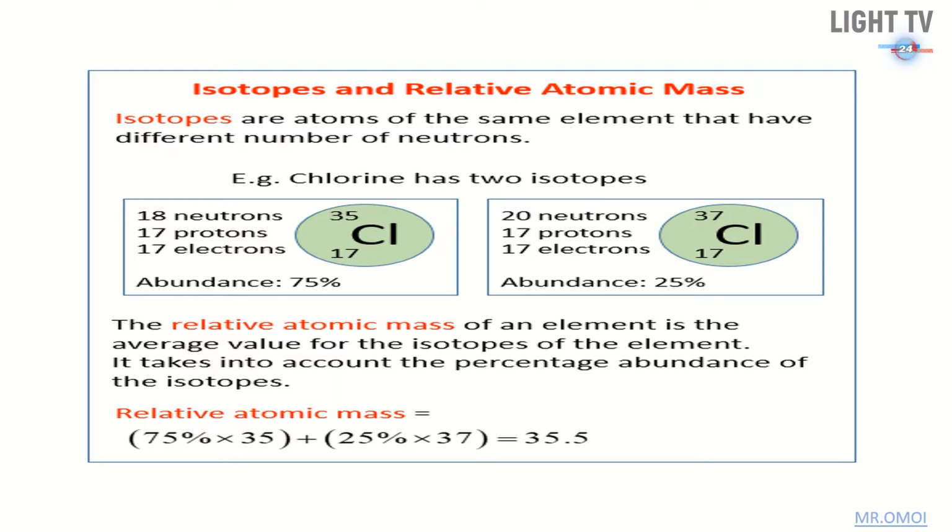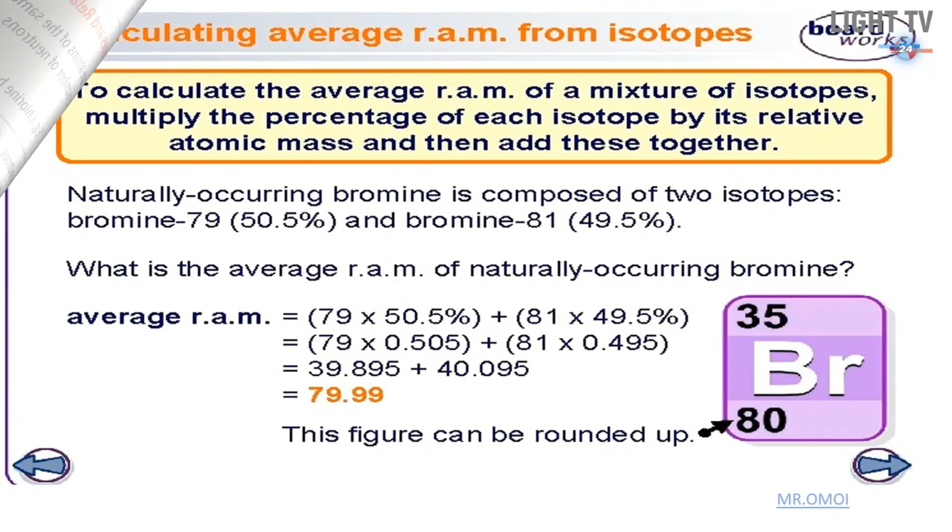Now, having said that, I want to move on and talk about relative atomic mass, which is a very important subtopic in chemistry, and it is examined most of the time in the exam, so you need to pay attention. What do we mean by relative atomic mass?